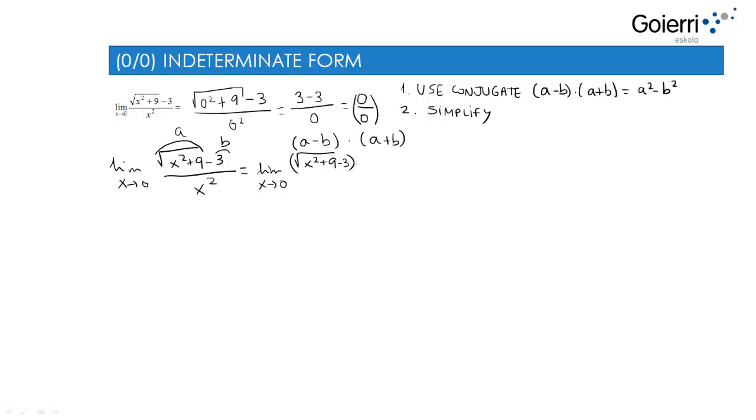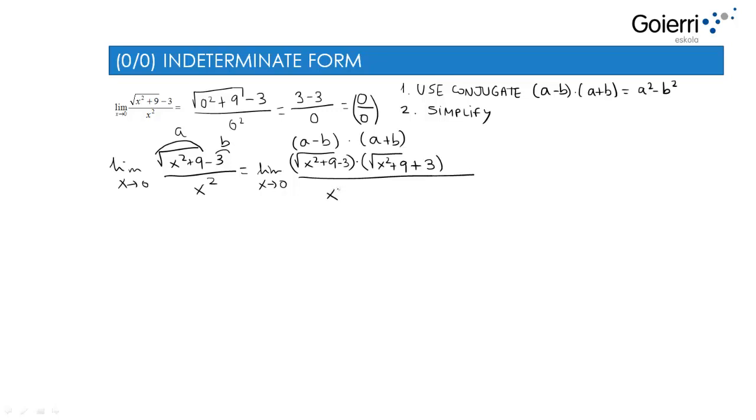Let's go for the next one. So a is the square root of x squared plus 9, plus, and b is 3.